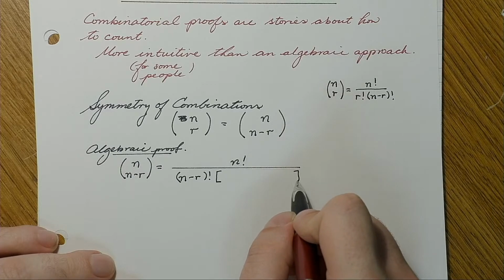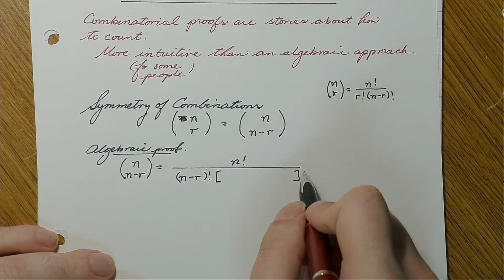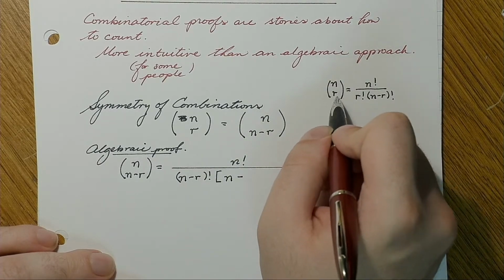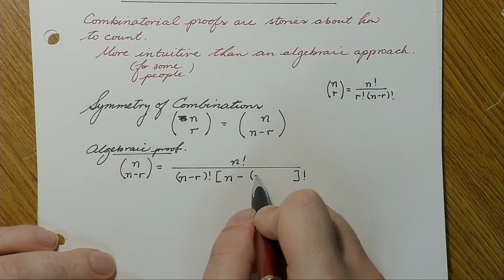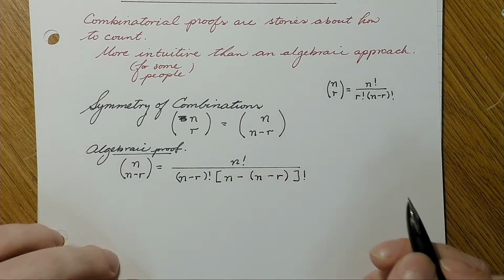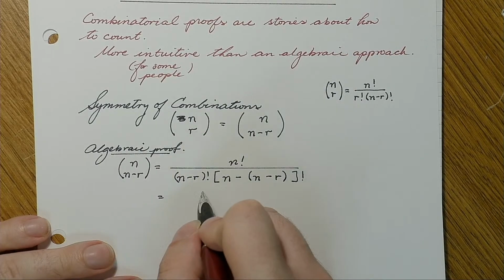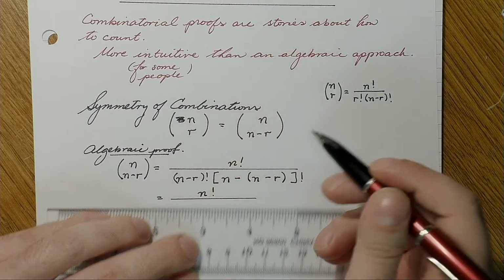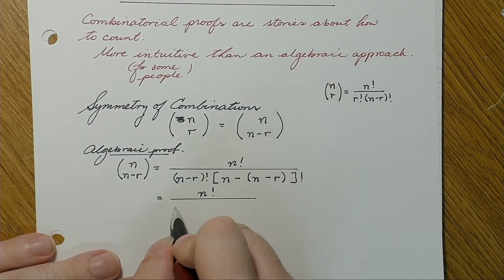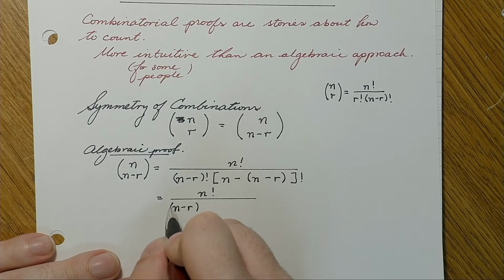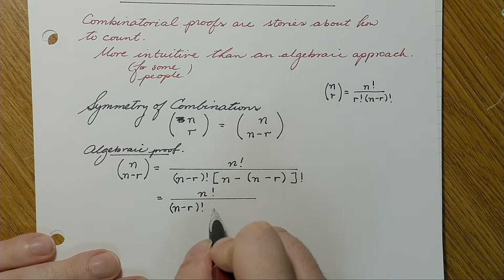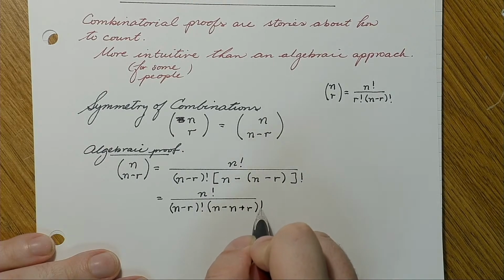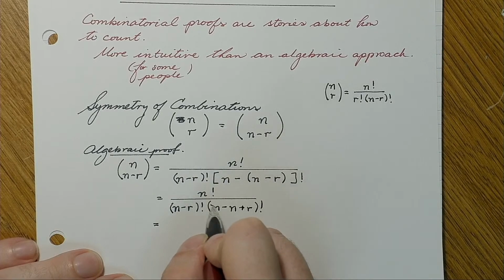And then I'm going to write some square brackets because I need to do n minus r, and in this case, r is n minus r. So I have n minus n plus r. That cancels.